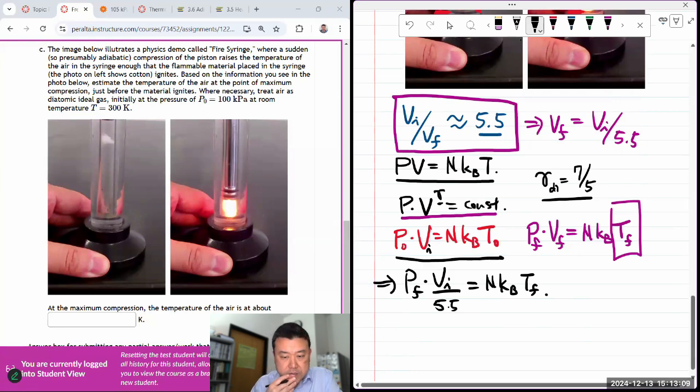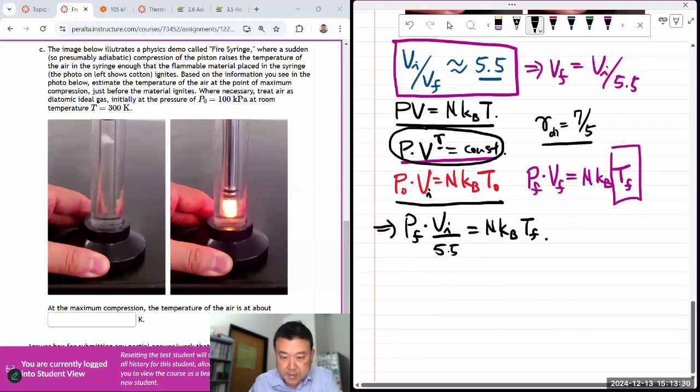But what I want to do is use the adiabatic process equation. So let's write this out explicitly. Explicitly, it would look like P naught V naught to the gamma is equal to P initial V initial to the gamma is equal to P final V final to the gamma.